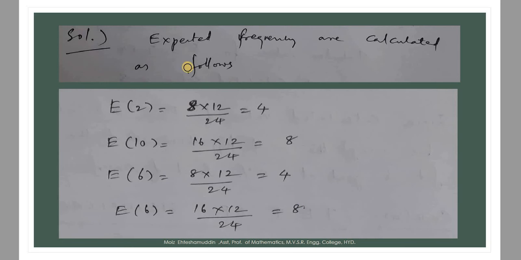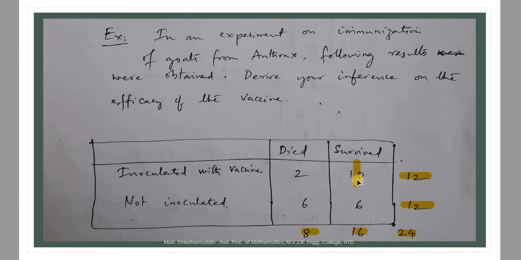We need to find their expected frequencies. So we will work out on this particular two-dimensional 2 by 2 table. Expected frequencies are calculated as follows. We are ready with the observed frequencies; we are now calculating the theoretical, or expected, frequencies. For each and every cell we will calculate the expected frequency. So this 2 is an observed frequency.